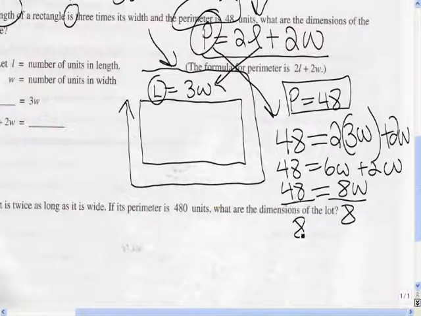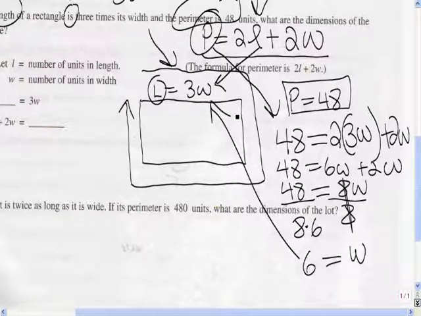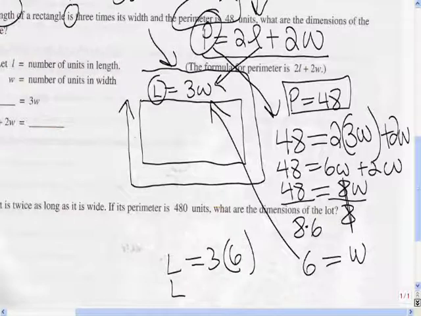And 48 divided by 8 is 6, because 8 times 6 is 48. So my answer is 6 equals W. Now I know what W is. W equals 6. So I'm going to plug it in here, and I get L equals 3 times 6. And 3 times 6 is 18, so L equals 18.